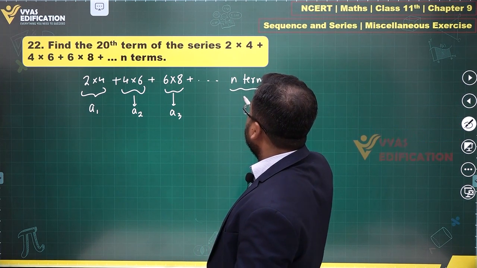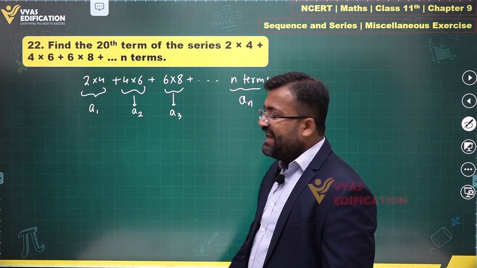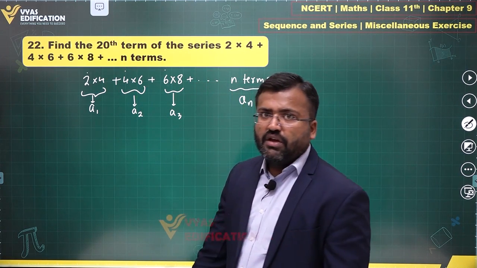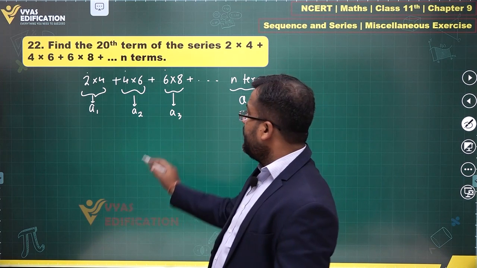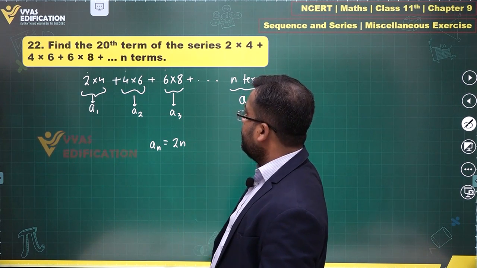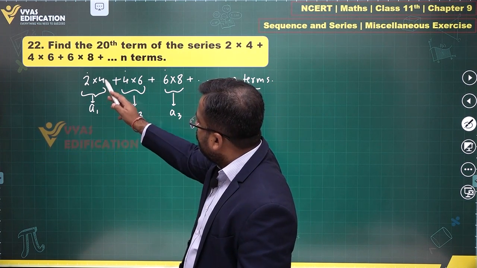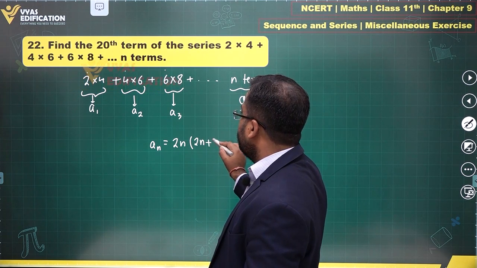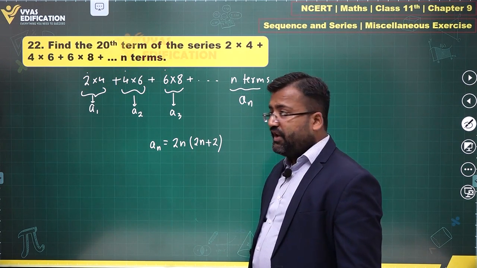And similarly, if I want An, what will that An look like? So 2, 4, 6. You can observe this is an arithmetic progression. An will have 2 into 1, 2 into 2, 2 into 3, 2 into n as the first term. Then you have 2 plus 2, 4 plus 2, 6 plus 2. So 2n plus 2 is what will come over here in the product.